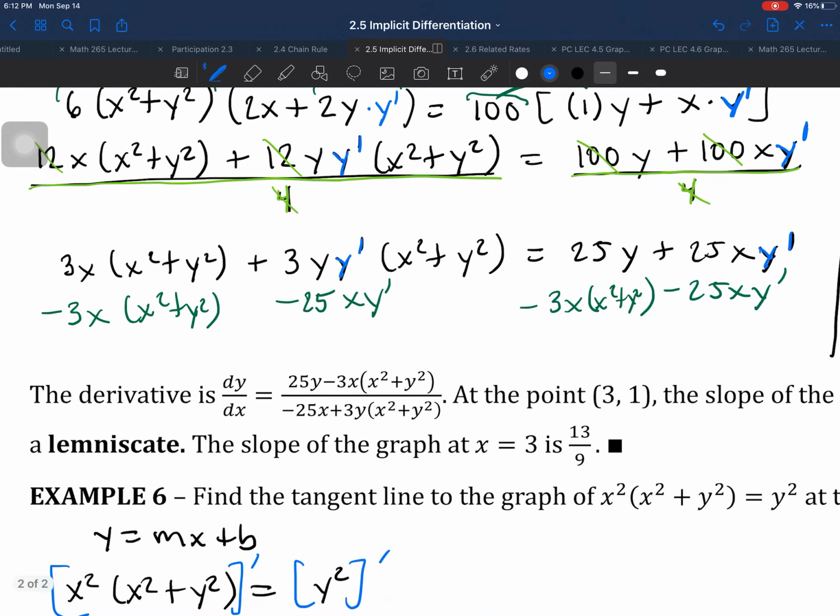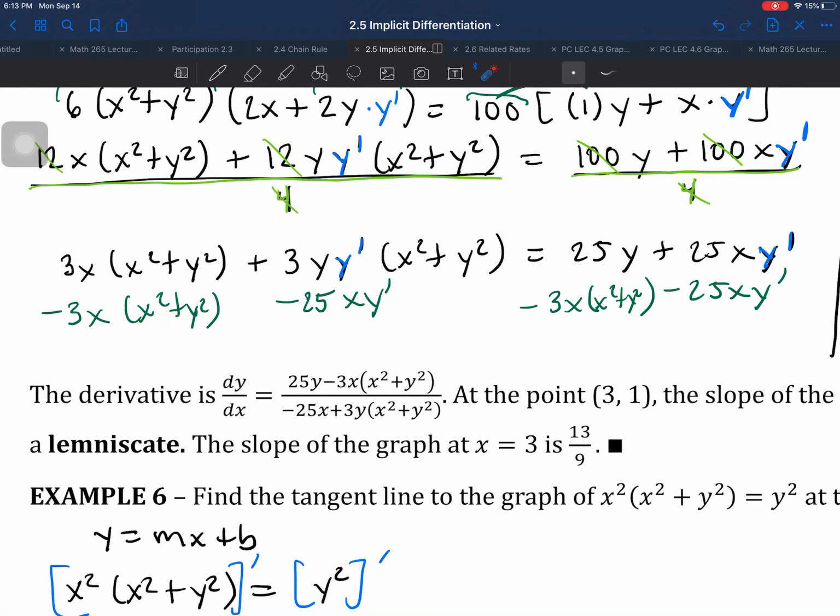Our goal is to have all the y primes on one side, but we cannot move them without their term. I'm going to keep this one here, but I'm going to move this to the other side by subtracting 25x y prime. This will cancel. Do the same thing over here. I'm going to subtract this term out of the way, so negative 3x times x squared plus y squared will be subtracted on this side.